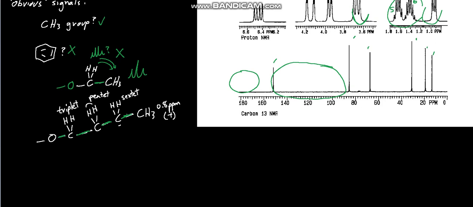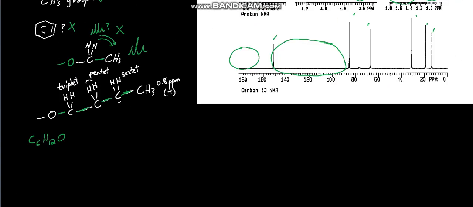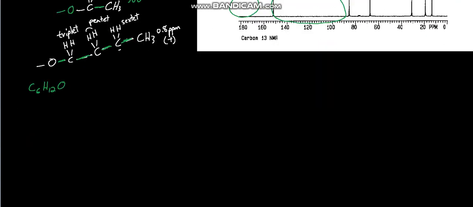So remember our molecular formula, C6H12O, is that correct? Yes. And we can subtract this group, C4H9O, and C2H3 is all that's left, along with, don't forget, 1 unsaturation.